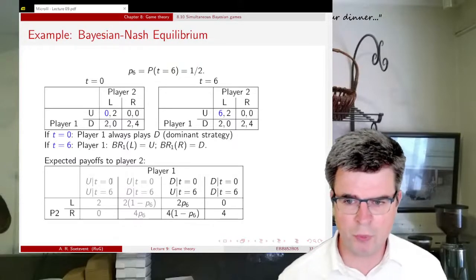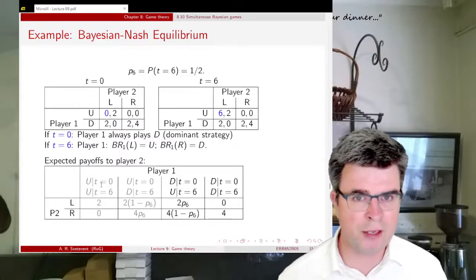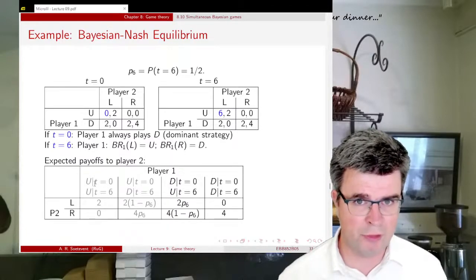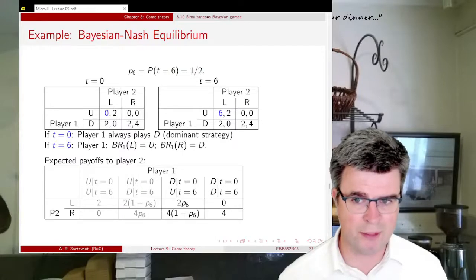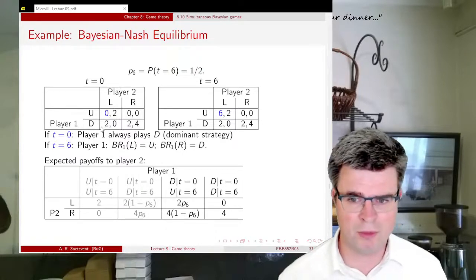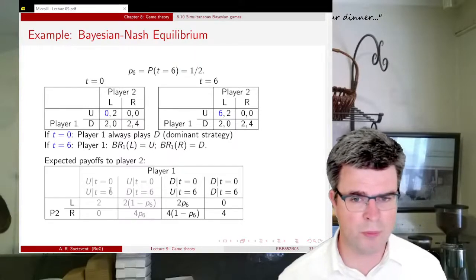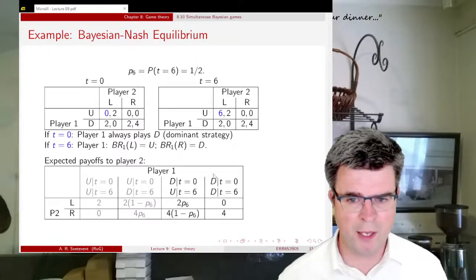And we can rule this out because up is never the best thing for player 1 to do if he's of type T is 0, because then playing down is a dominant strategy.